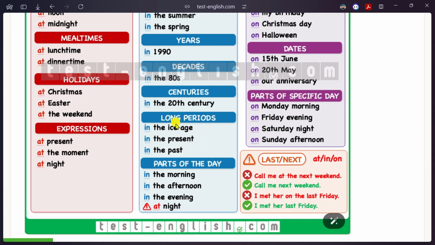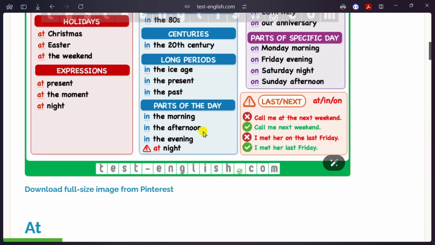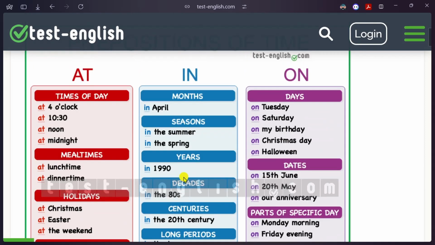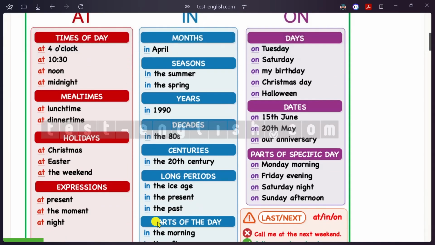So in this or that age, in the present, in the past, you see periods of time so far. And parts of the day, in the morning, in the afternoon, in the evening. But be careful, at night. Okay, this is the different one over here. At night, you see? So maybe to some extent you can think in terms of time, right?